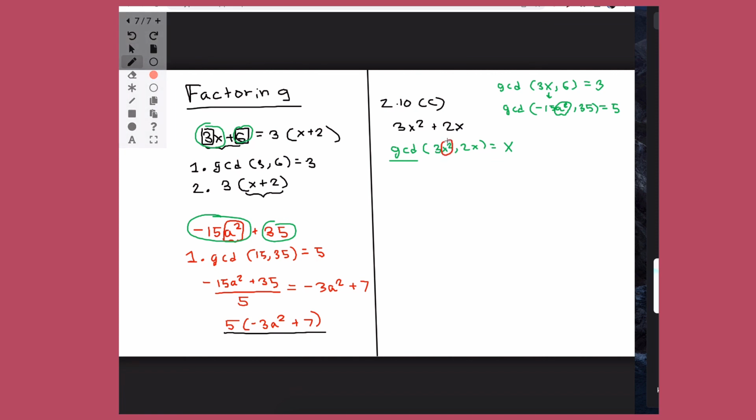But we have x squared and x. So obviously x divides x squared, and x divides itself. So the GCD will just be x. So that means we factor out an x from our expression here. And then if you divide by x, it's just 3x plus 2.